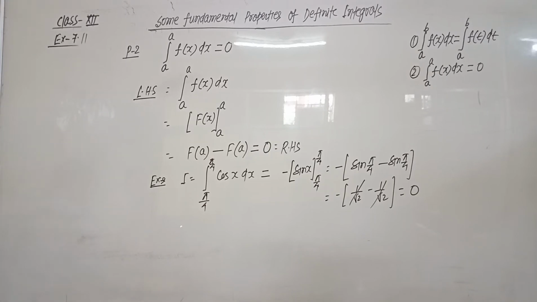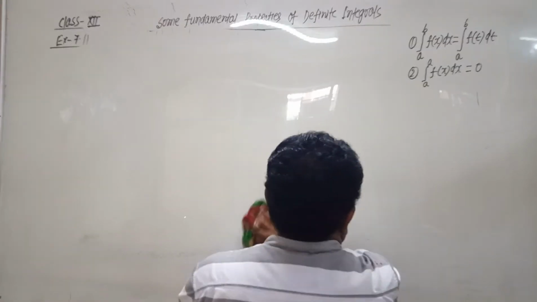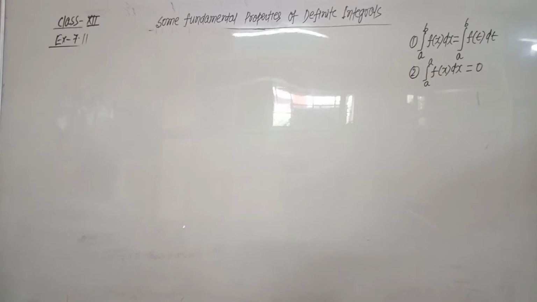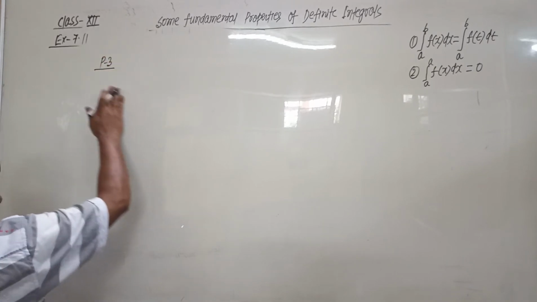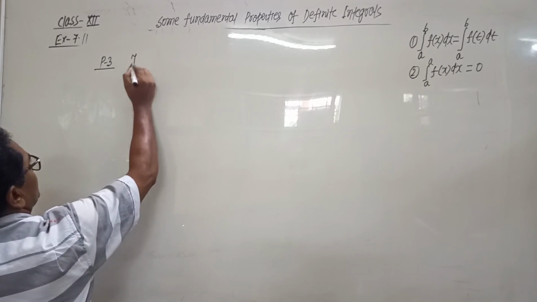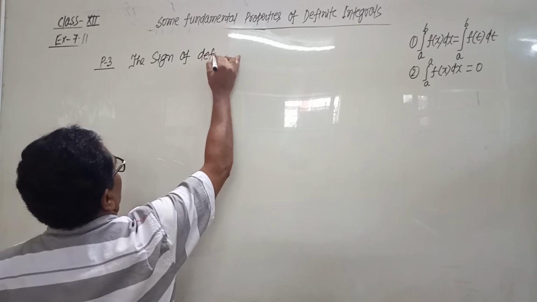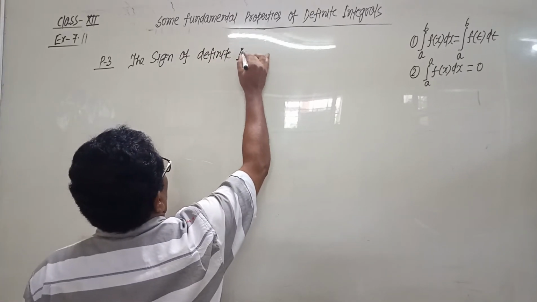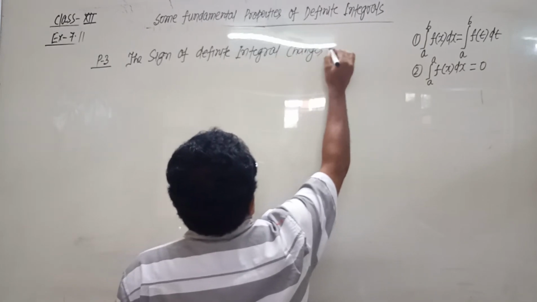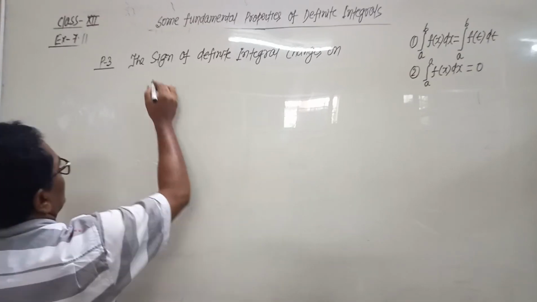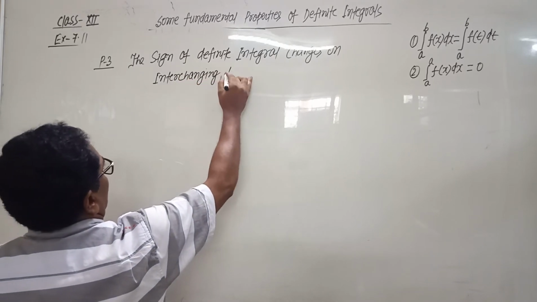Now we talk about the third property. The sign of definite integral changes on interchanging the limits.